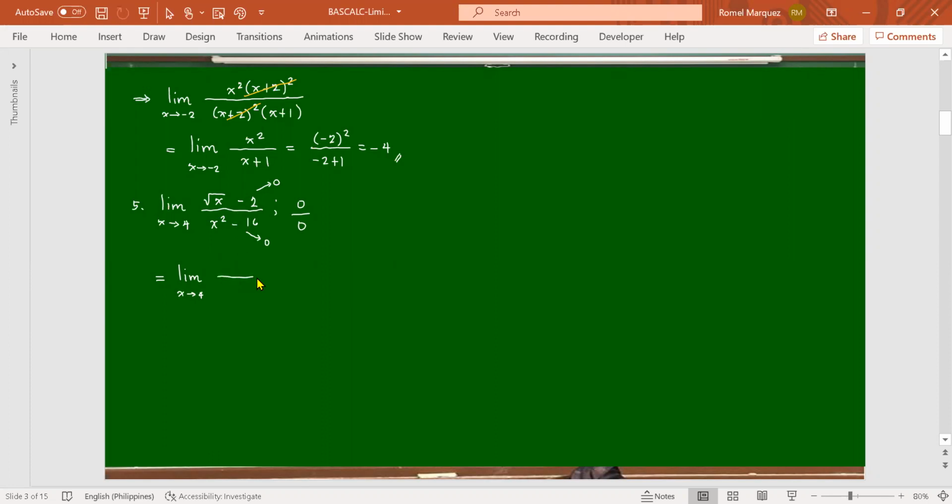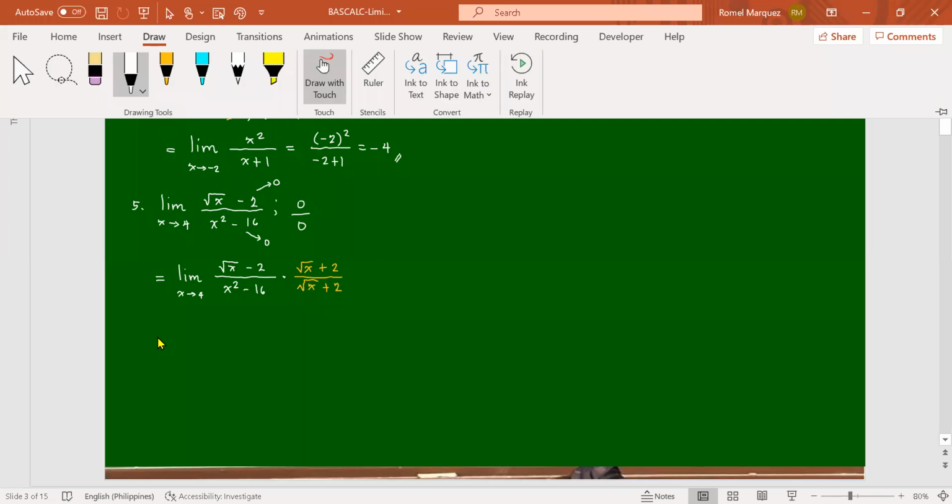Mapa-factor ba yung numerator? Yung sa denominator po. Denominator, pa-factor. Yung numerator, anong i-multiply? Conjugate. Okay? Multiply natin ang conjugate: square root of x plus 2 over square root of x plus 2. And at the same time, we factor later the denominator. Itong x squared minus 16.